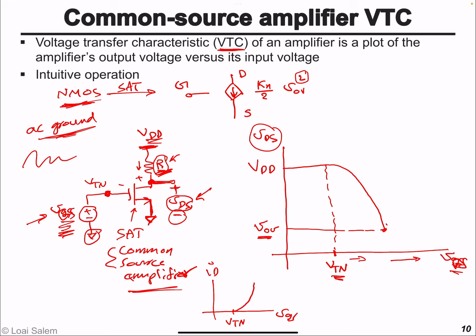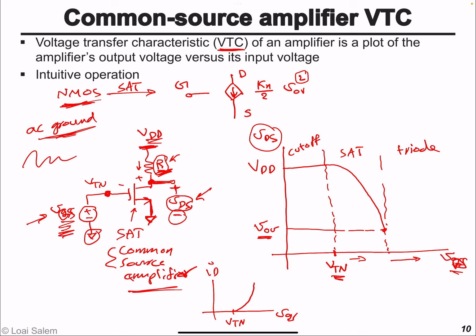So here the transistor was in saturation region, here it was in off or cutoff, and now here it enters the triode region. Okay, at this point.